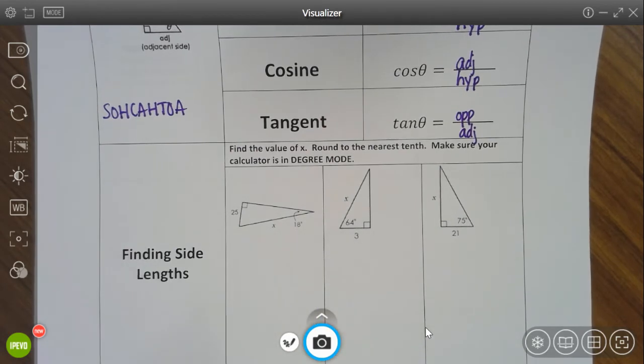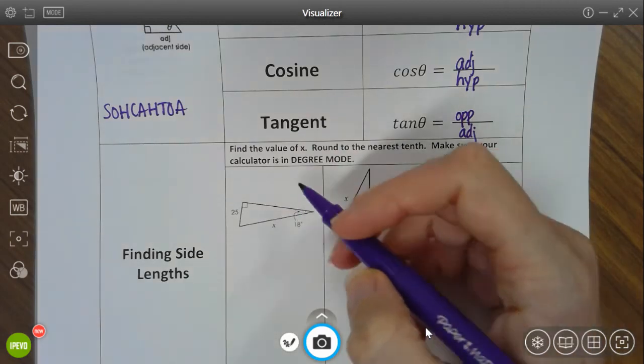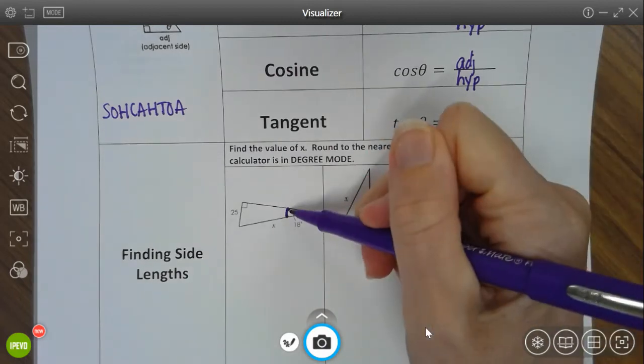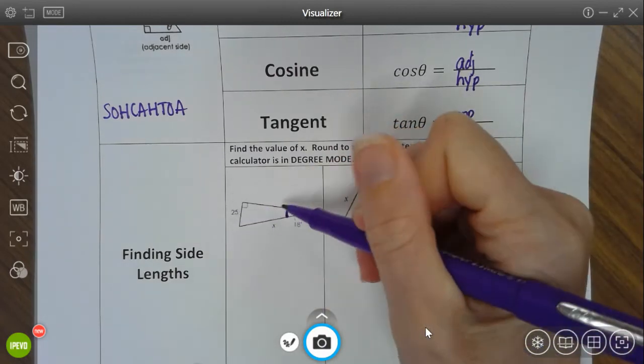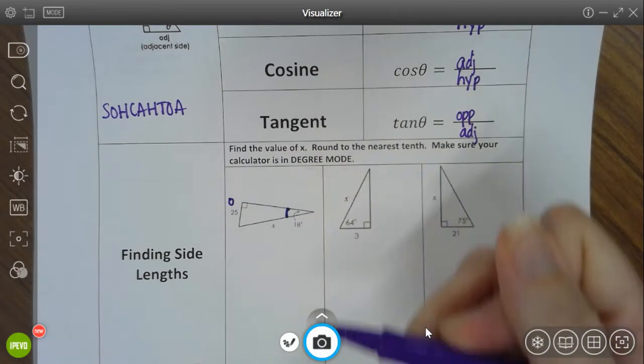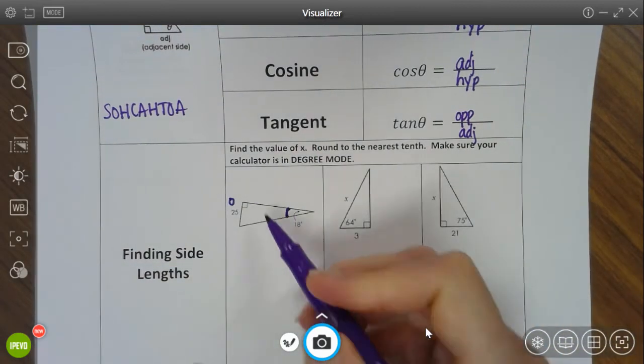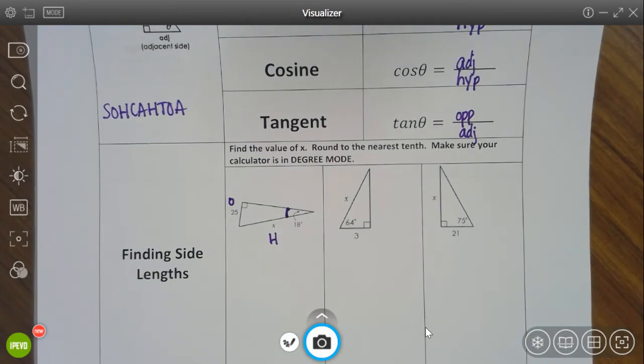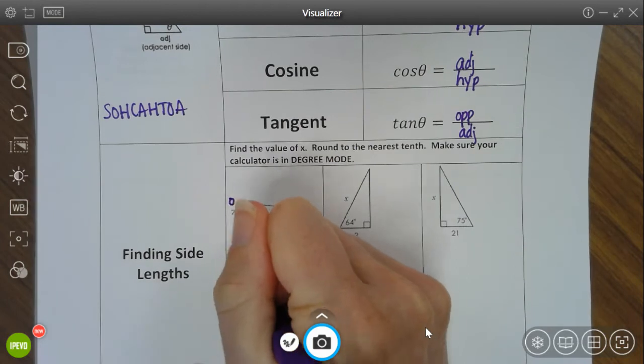So in this first example, I have the 18-degree angle marked right here. That's my acute angle. The side length of 25 is opposite, and the side length marked x is opposite the 90-degree angle, so that's my hypotenuse. So when I have the opposite and the hypotenuse, that's when I want to use my sine ratio.